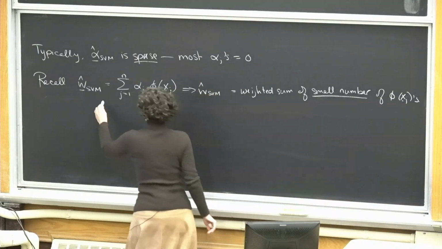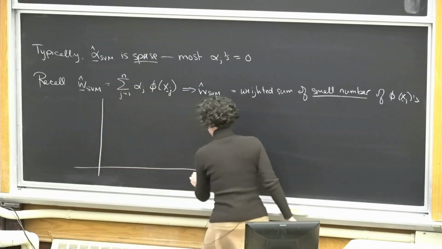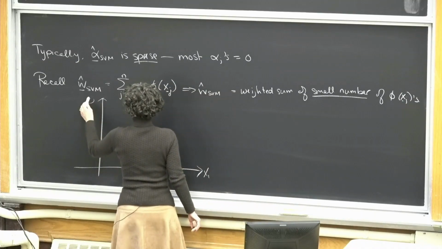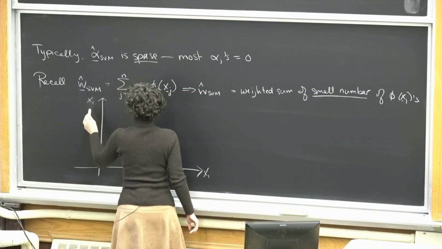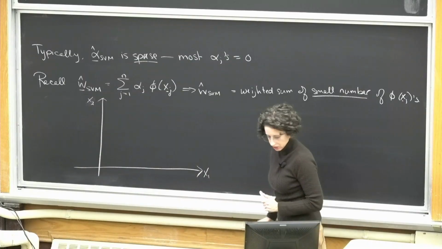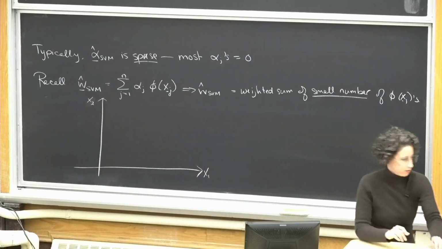So let's make a picture where we're doing classification in 2 dimensions. So I've got feature 1 and feature 2. And let me put in some samples.